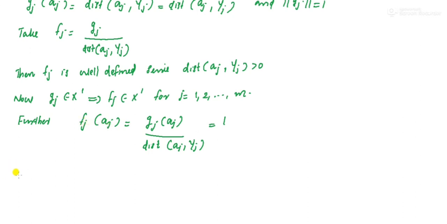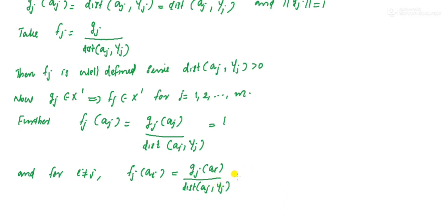And for i not equal to j, Fj of ai is actually Gj of ai divided by the distance of aj from Yj, that is equal to 0, since ai is an element of Yj and Gj restricted to Yj equal to 0.